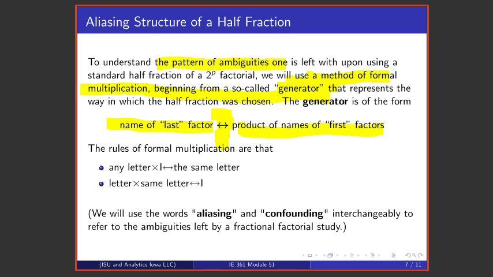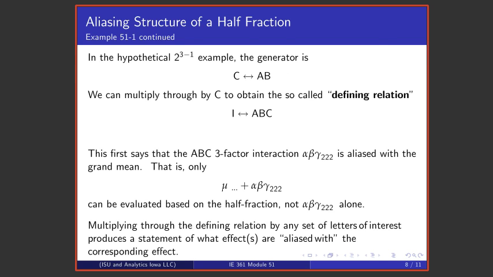One then operates on that generator according to rules of multiplication that say any letter times I produces that same letter, any letter times itself produces I, and one then works from the generator to understand what is confused with, what is aliased with, what is indistinguishable from what.